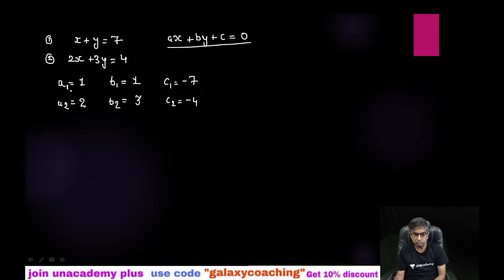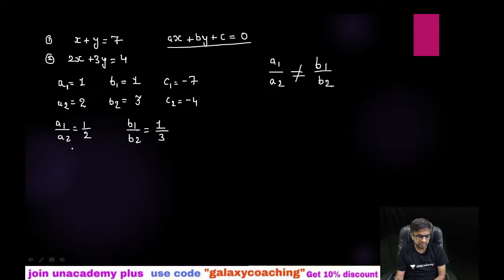So this way, first of all, you need to find the coefficients of both, and then divide and check whether a1 upon a2 is not equal to b1 upon b2. Here a1 upon a2 is 1 by 2, and b1 upon b2 is 1 by 3.